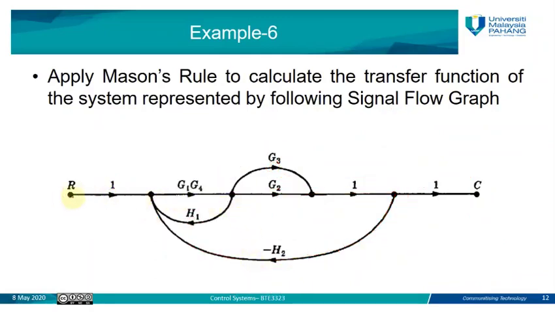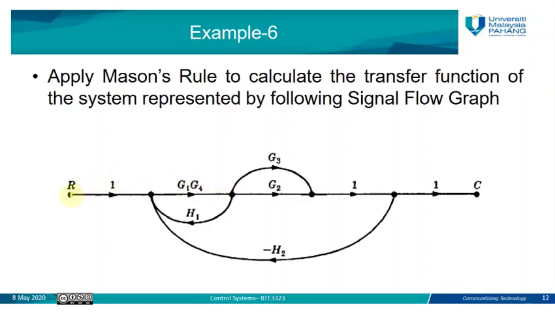We have two forward paths. Delta 1 is related to forward path number 1, and delta 2 is related to forward path number 2. We need to omit any loops which touch the forward path from the formula of delta.